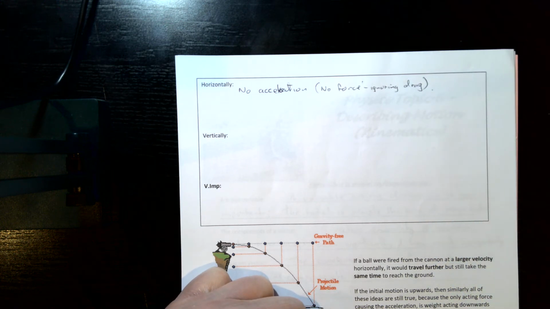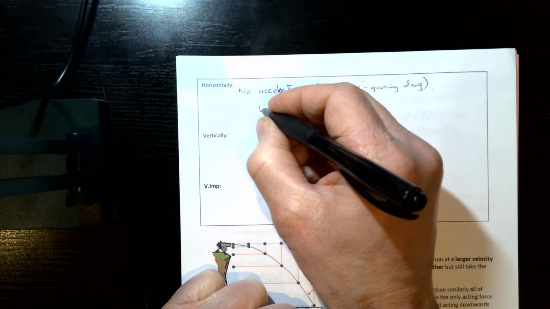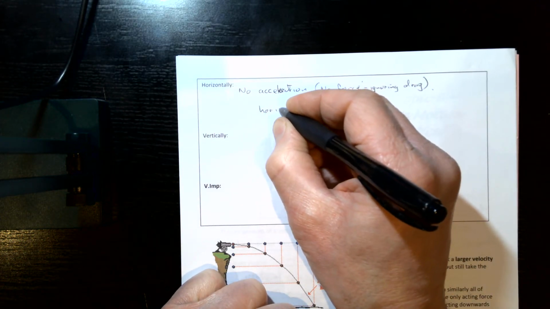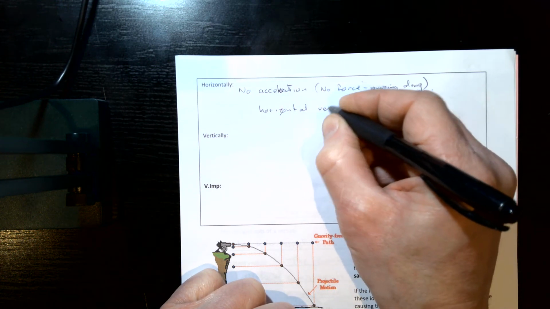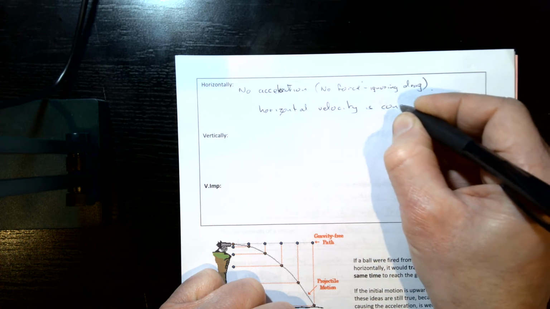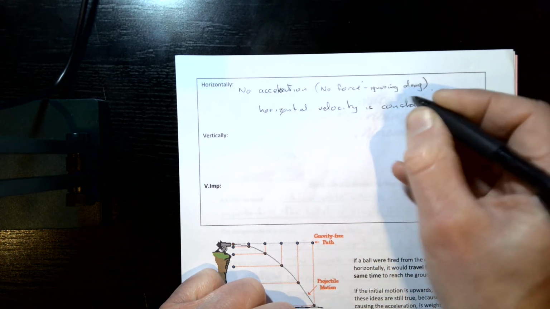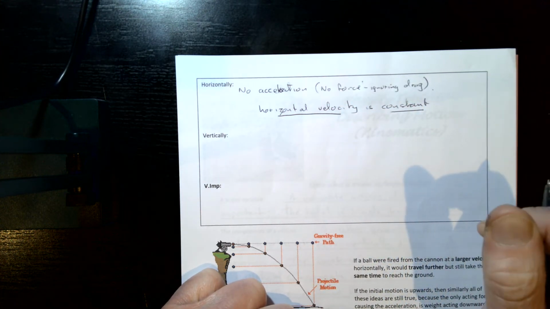So what we've got is, if we're ignoring the air resistance, the wind, etc., that just means that, golden rule, a lot of space I've put here because I want it to make it stand out, horizontal velocity is constant. Crucial.